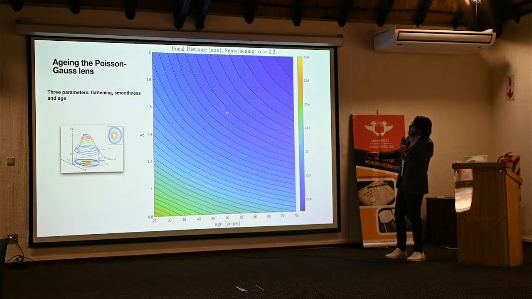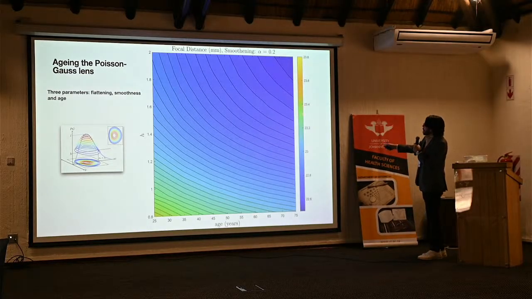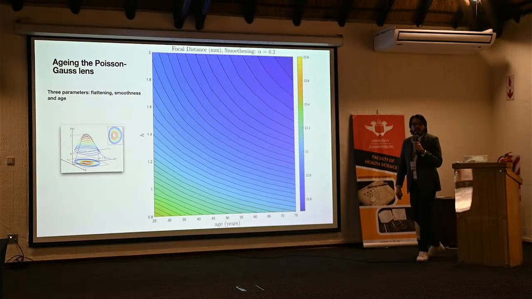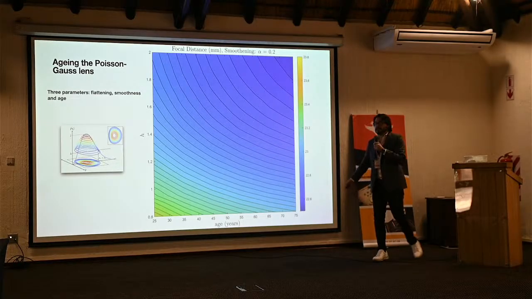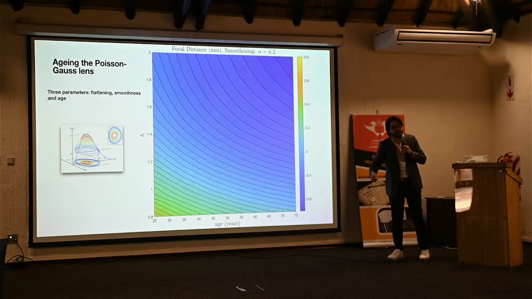So here we can see clearly that if we only scale and do not change the flattening of the function, of course, we go from, for instance, green to blue. Therefore, the focus decreases, which means that the refractive power of the eye increases.